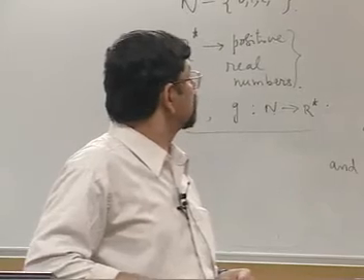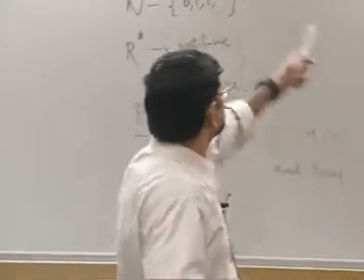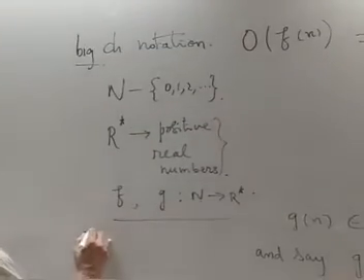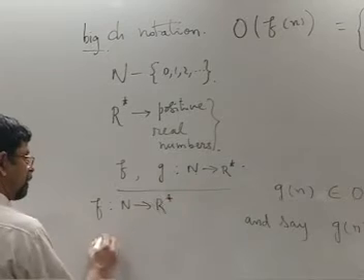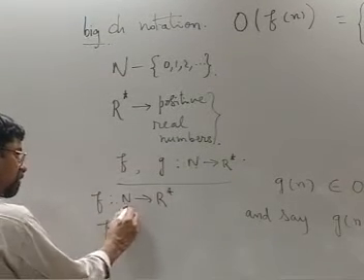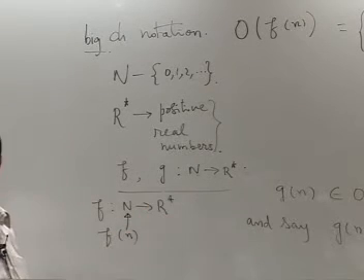They are the range of values over which small n varies. F is a function from N to R star means if you take f of n, n belongs to this set, n is an integer and f of n is a positive real number.